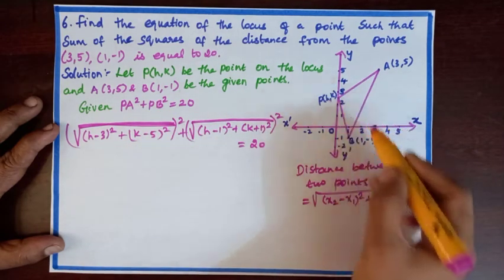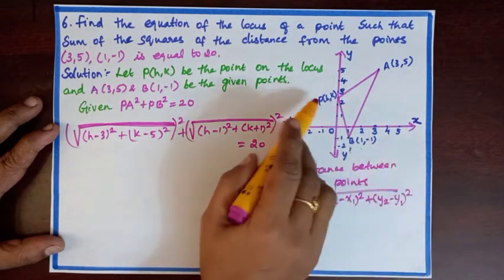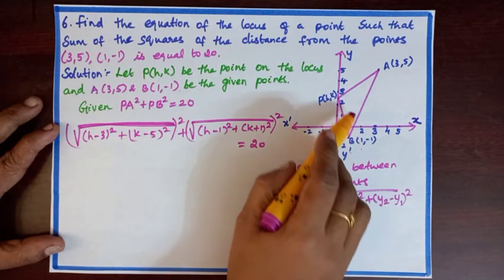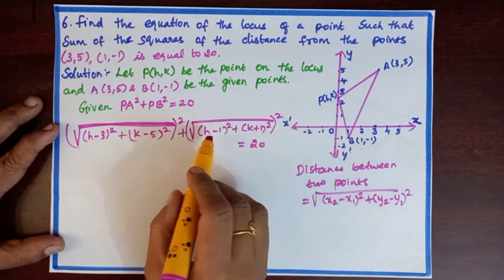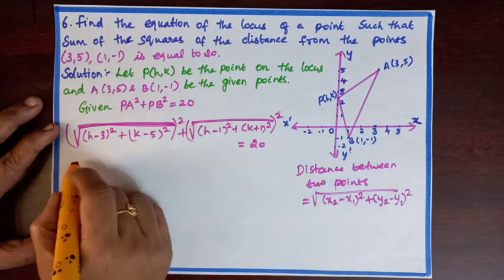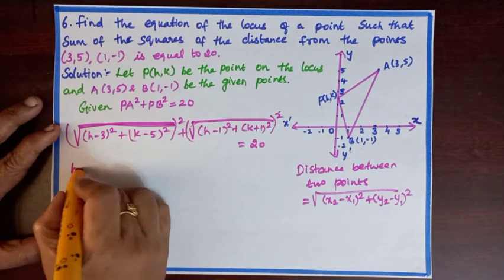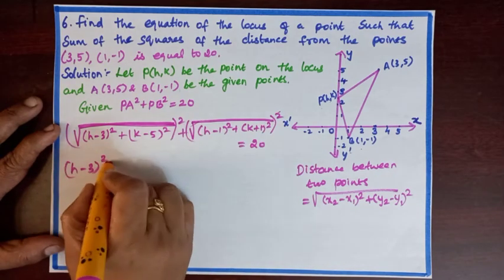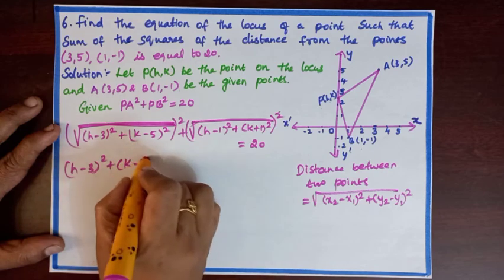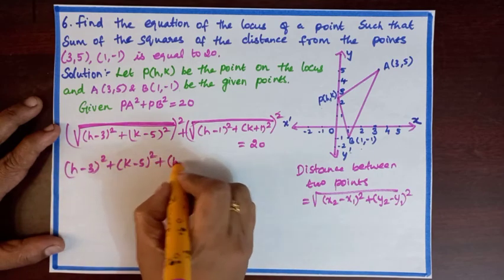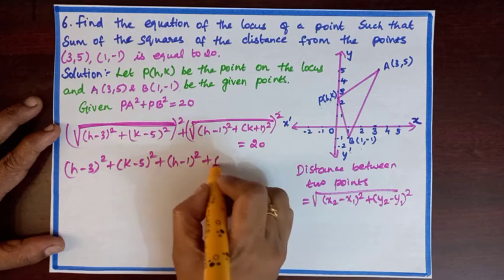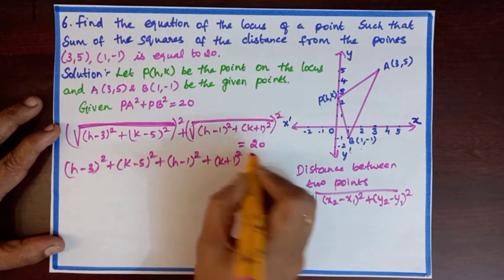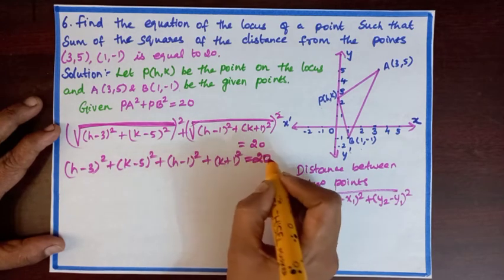Point P is (h, k), B is (1, -1). (h minus 1) the whole square plus (k plus 1) the whole square. Root and the square will be cancelled. Then we get (h minus 3) the whole square plus (k minus 5) the whole square plus (h minus 1) the whole square plus (k plus 1) the whole square, which is equal to 20.